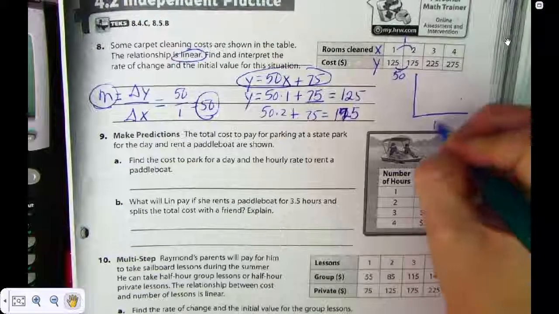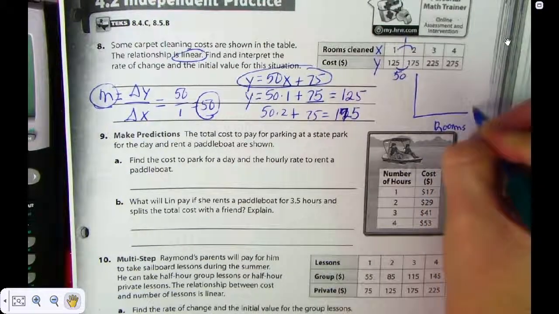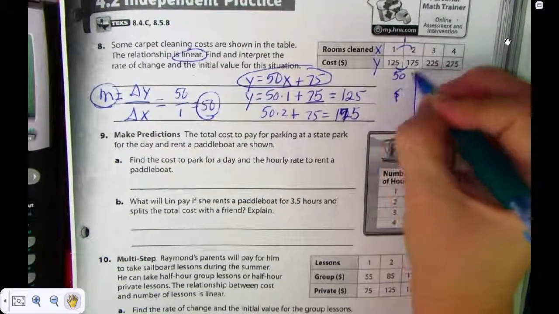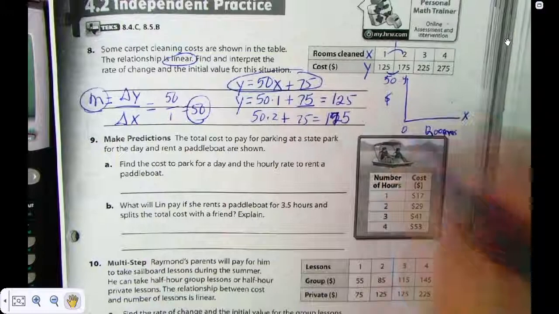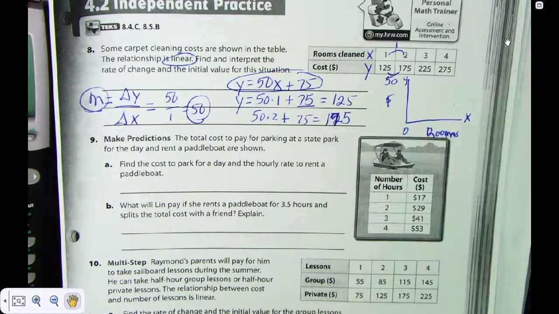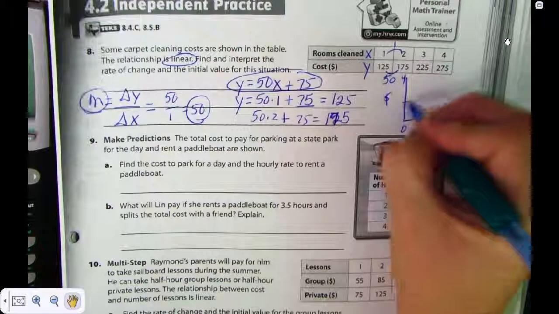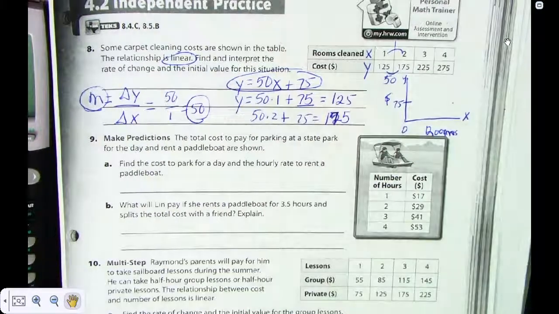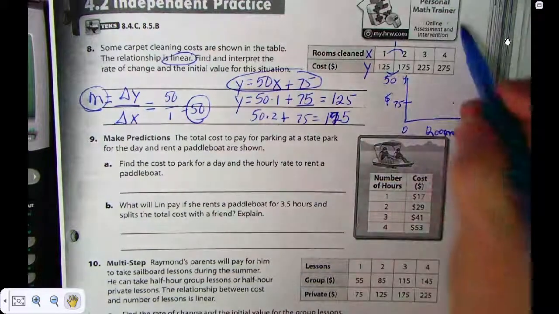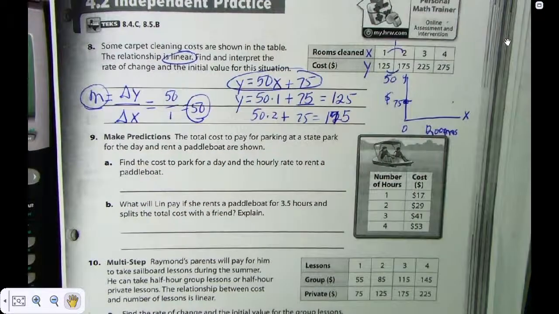Okay, well, let's do it. This is rooms on your x. This is your cost on the y. So 0 is what? Thank you, Brooke. Guys, you told me that 75 was your y-intercept. So that's where you're going to start, at 75.